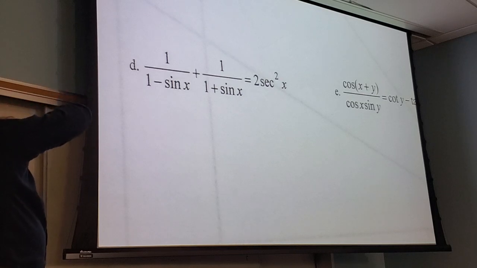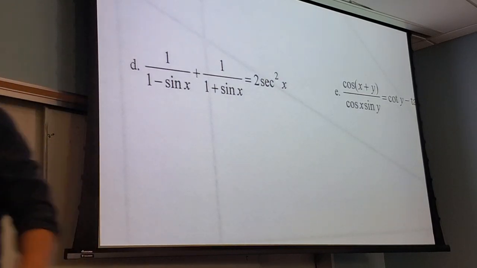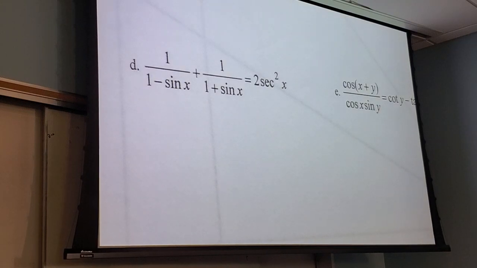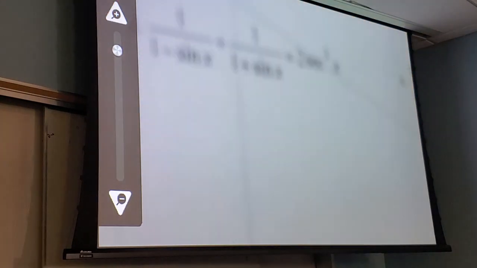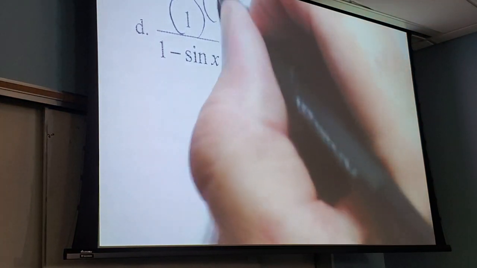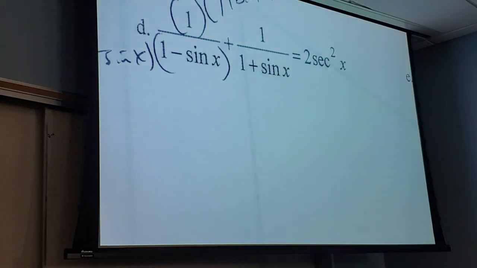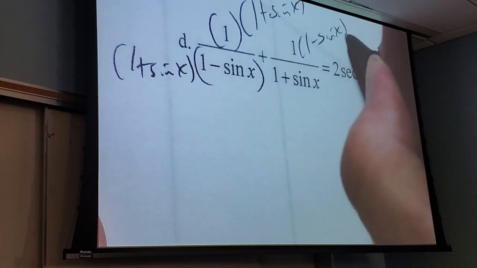So you cancel them out. Well, they don't outright cancel. So I'm going to multiply this side by 1 plus sine x, because that's what he's missing. I'm going to multiply this side by 1 minus sine x, because that's what he's missing.